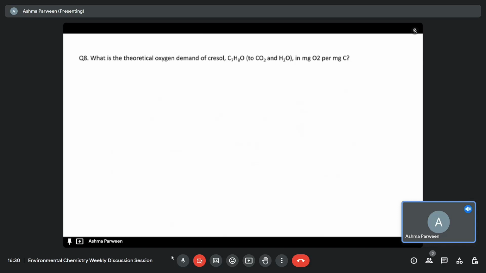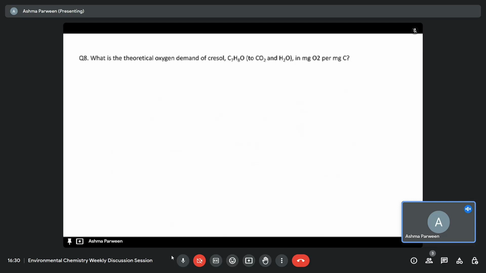So the question is, what is the theoretical oxygen demand of cresol? The formula for cresol is given and it is getting oxidized to CO2 and H2O, and we have to find out the theoretical oxygen demand in milligrams of oxygen per milligram of carbon. After oxidation, generally CO2 and H2O are the products which are formed.